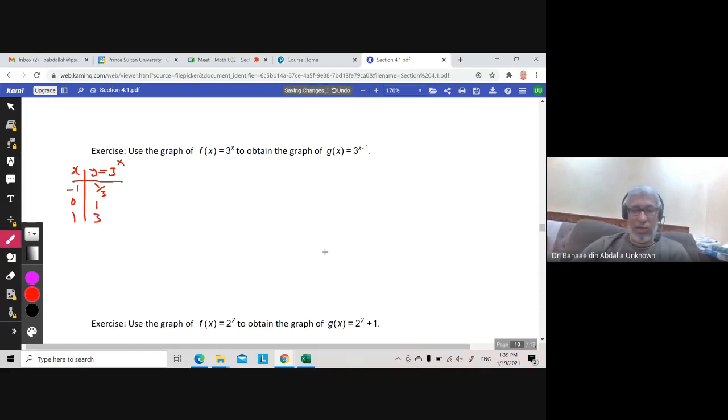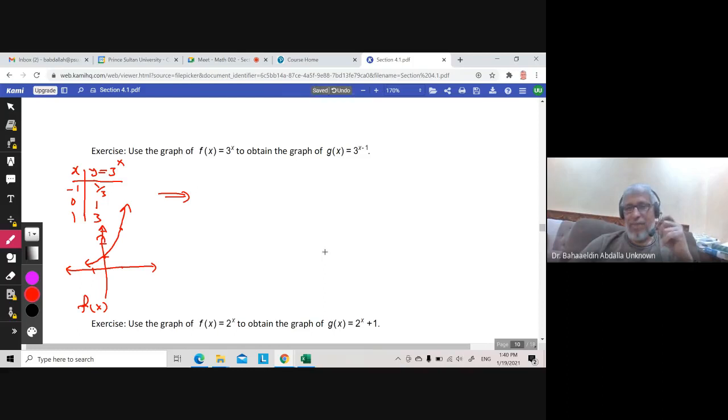So what is the graph? This is the graph of 3 to the power x. At negative 1 it is 1 over 3, at 0 it is 1, at 1 it is 3. So the graph is like this. This is the graph of f of x. Now what happens when you write x minus 1?